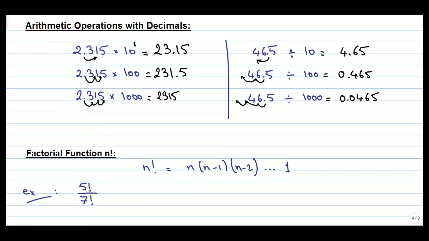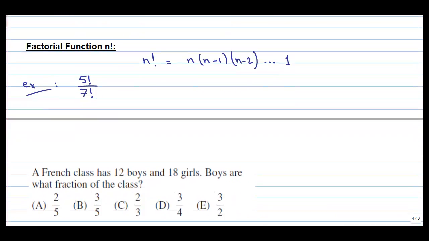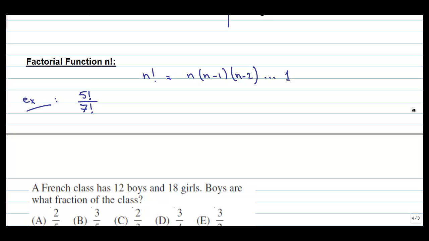Now, for the last point before we start solving the SAT problems. We have a function called the factorial function. If you have been introduced to this before, it's great. If not, pay attention, it's very simple.